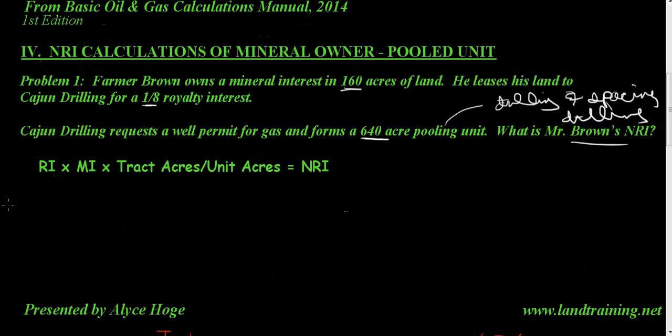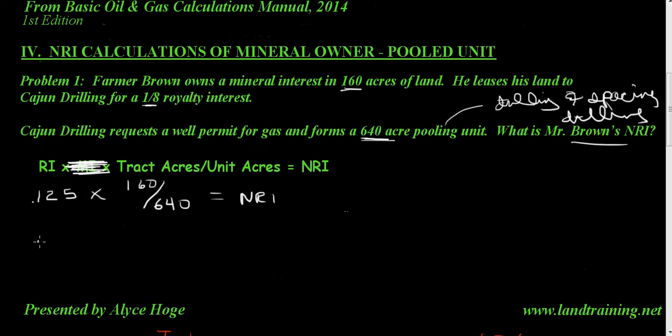So we're going to plug in this formula. We're going to take this 1/8, which by now we know is 0.125, and we're going to multiply it by the tract acres, which in this case is 160, divided by the unit acres, which is 640, and that's going to be the net revenue interest.